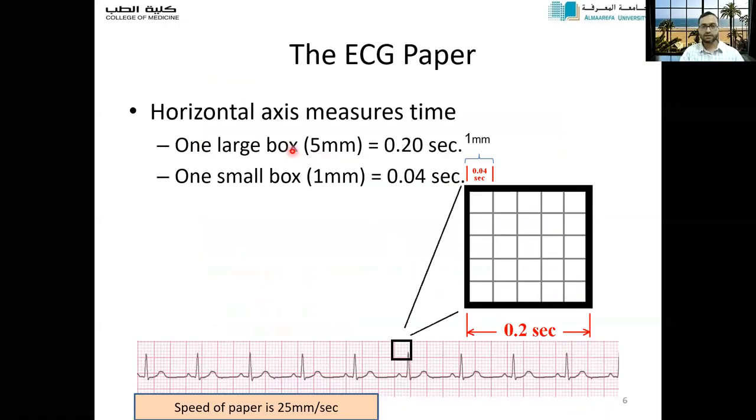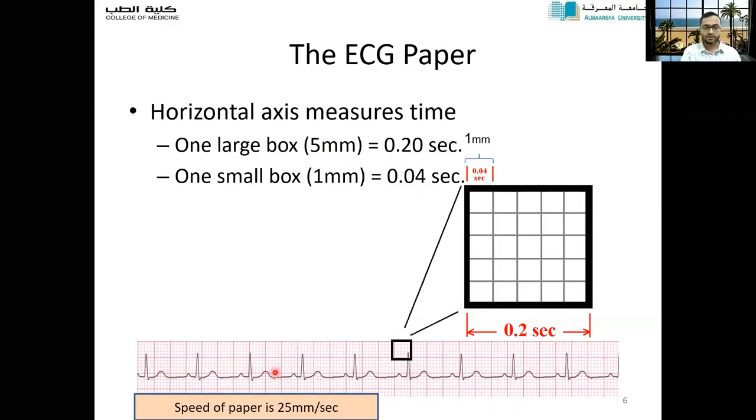These values come from the previous explanation: 25 millimeter equals 1 second, so 5 millimeters equals 0.2 second. Similarly, 1 millimeter on ECG paper, that is 1 small square, equals 0.04 seconds.